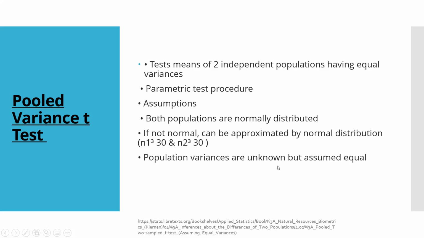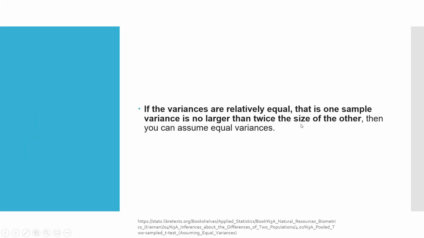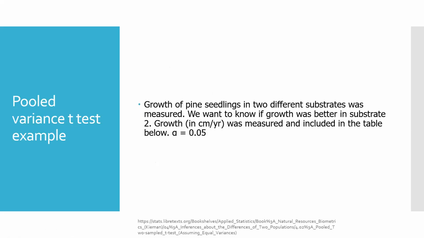And population variances are unknown but assumed equal, as I have explained previously. A common example of a pooled variance t-test is the growth of pine seedlings in two different substrates. If you want to know whether the growth was better in substrate 2, growth in centimeters per year was measured and included in the table.